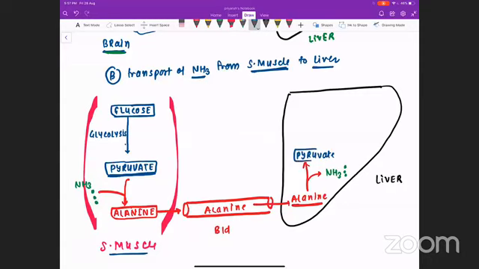So now we can say that who is going to transport the ammonia from skeletal muscle all the way to the liver? The answer will be alanine.